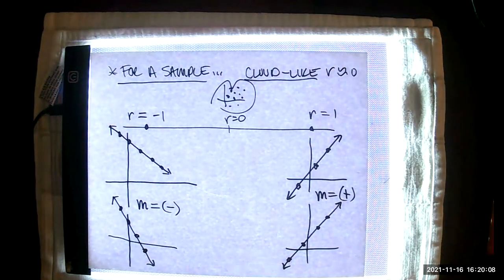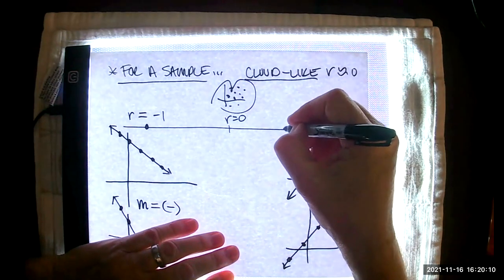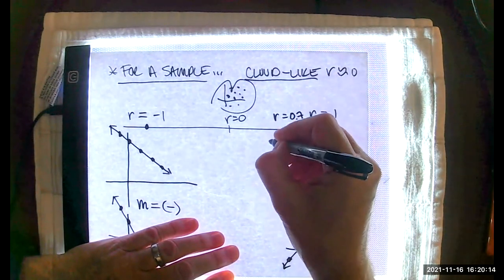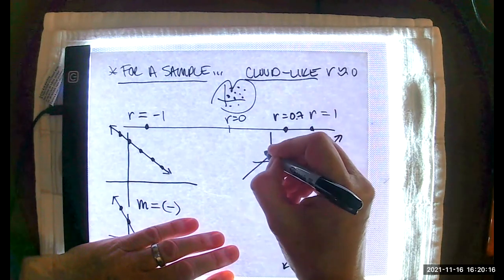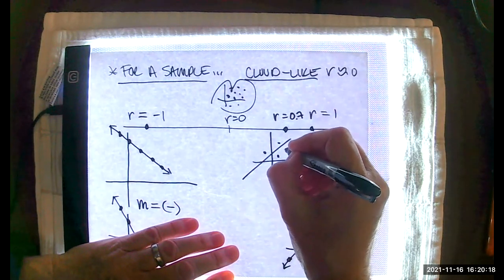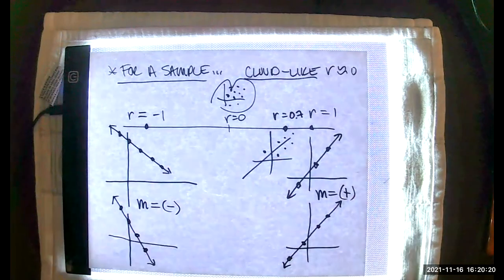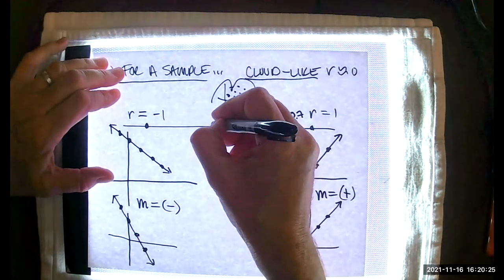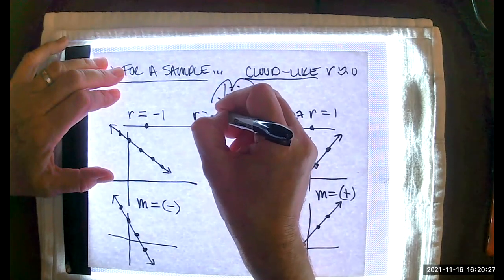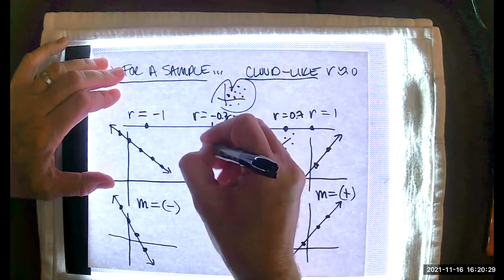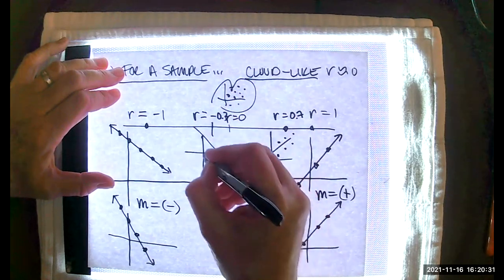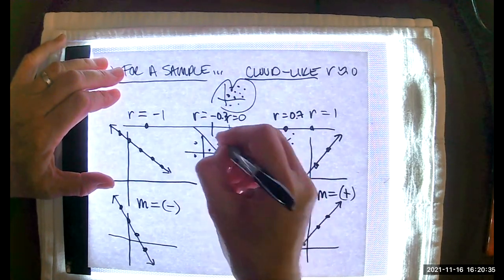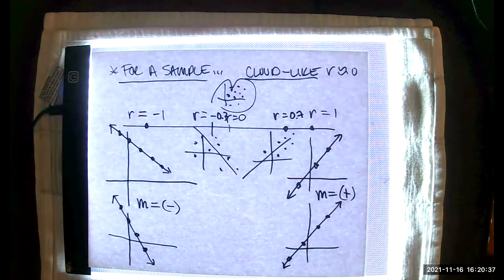At values between, say, R equals 0.7, you have a positive slope, but the points are somewhat scattered around that positive slope. If you have something like R equal to -0.3, you have a negative slope, but it's a bigger spread of data around that slope.